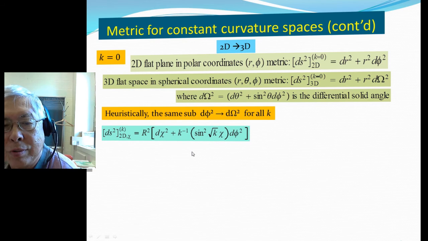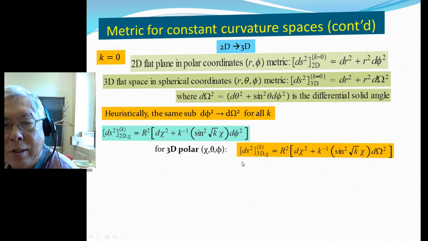To find the three-dimensional case, it is exactly the same thing, except now you're replacing phi by omega.